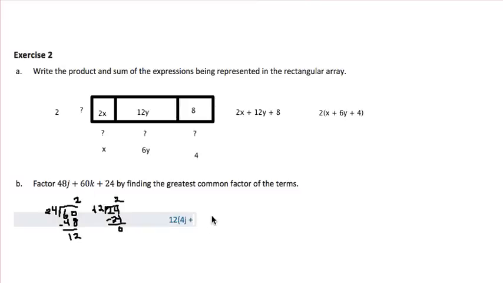And 12 times 5k will give us 60k. And 12 times 2 will give us 24.